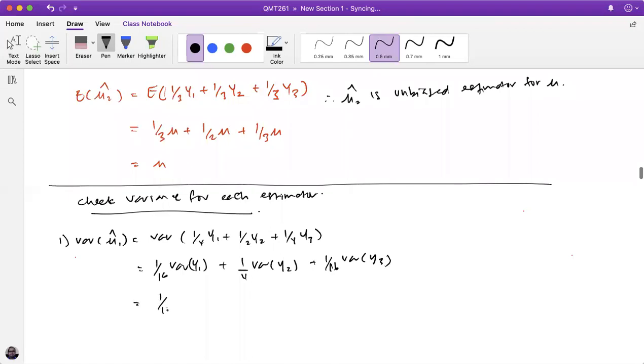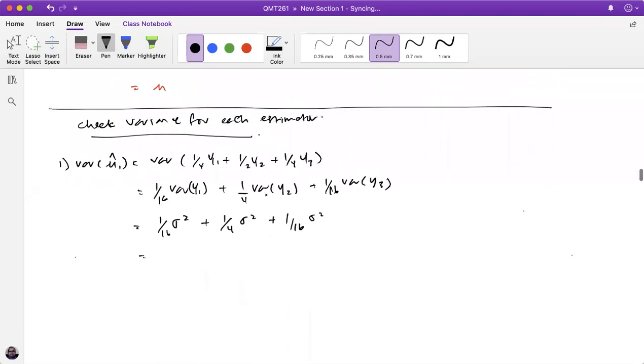So this is 1/16 sigma squared plus 1/4 sigma squared plus 1/16 sigma squared. So berapa ni? How much you get? Can you calculate for me? 0.375 sigma squared. Right.